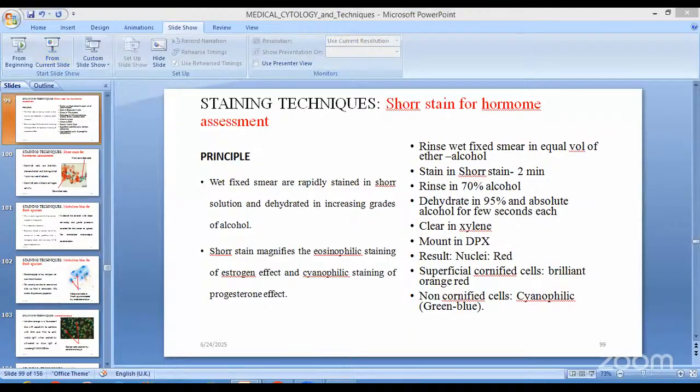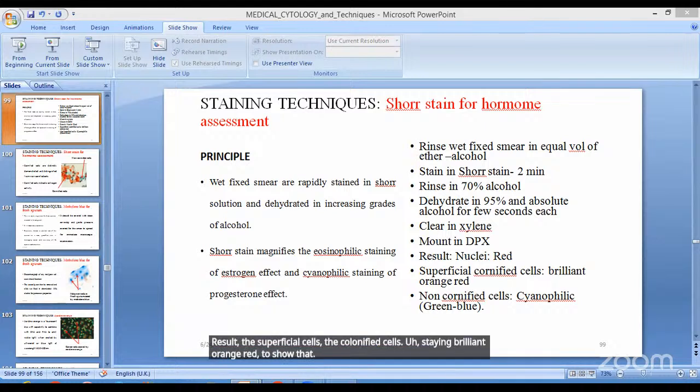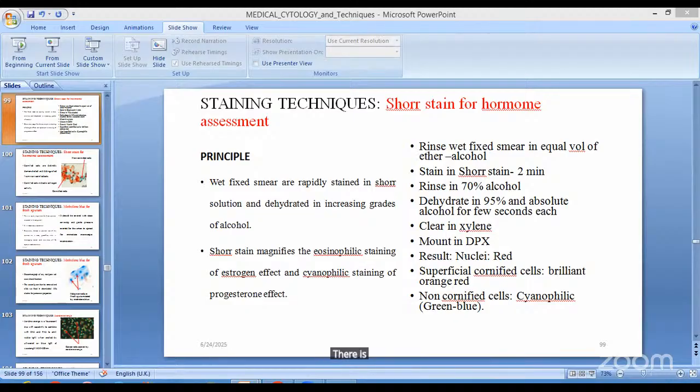Within minutes, the staining is completed, and you can find the result. The superficial cells, the cornified cells, are stained brilliant orange red to show that there is a normal production of estrogen. When the cells are cornified, it shows maturation.